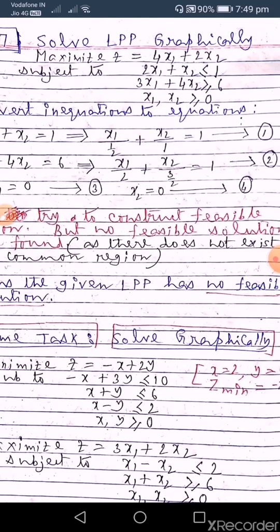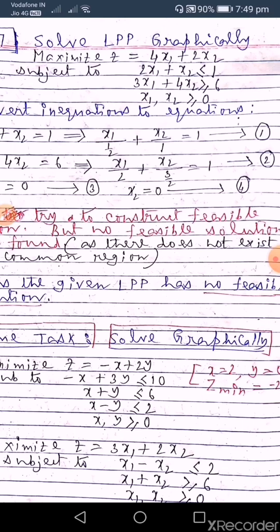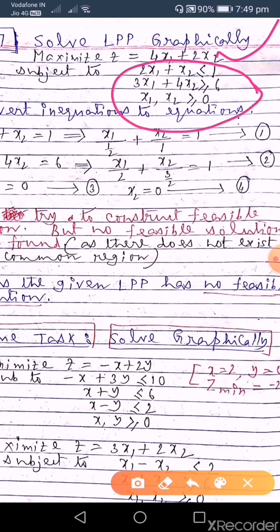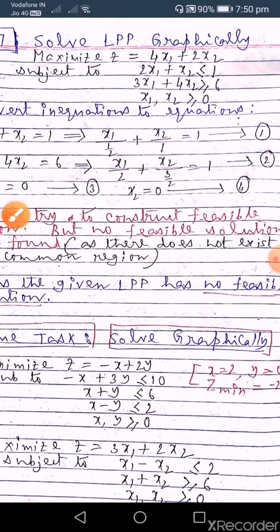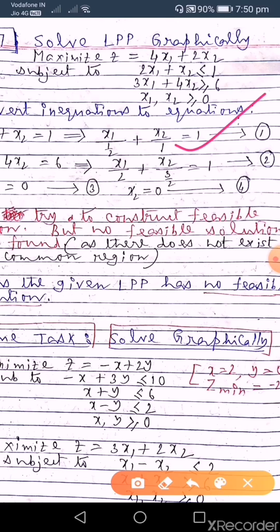This is a maximization problem. As you see, this is the objective function. The remaining inequalities are 3 constraints. Let us draw one by one. First, 2x1 plus x2 less than equal to 1. That means x1 by half plus x2 by 1 equal to 1.